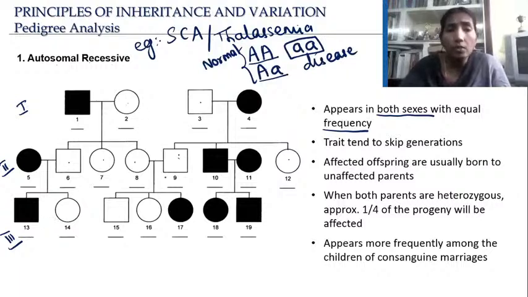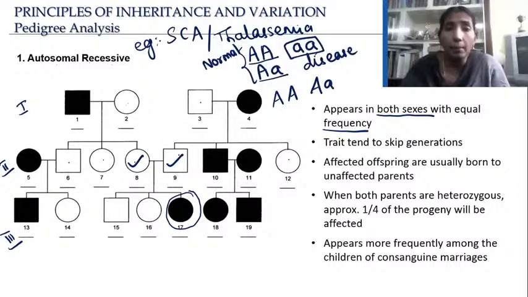So whenever you look at the affected offspring, they are mostly born to parents who are unaffected. If the parents are heterozygous, for example, here where we show the colored one, it can be either homozygous dominant or heterozygous, which will be quite normal.